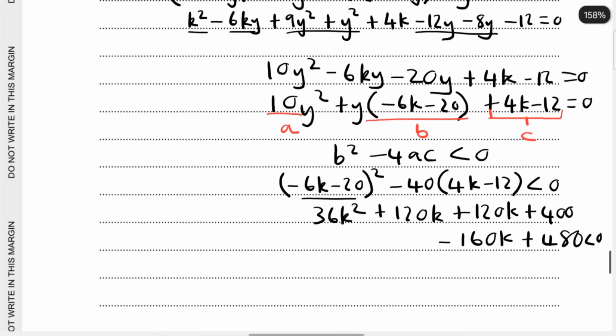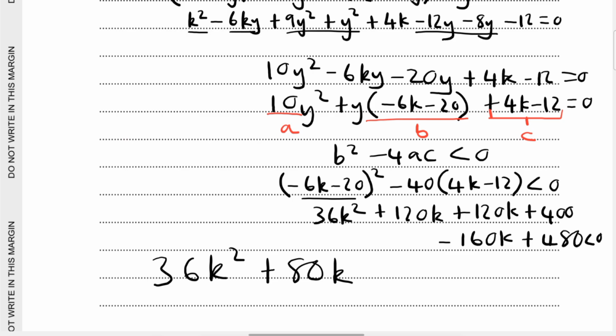So that will be 36k squared, 120 plus 120 minus 160, so that's 240 minus 160, that's 80k.